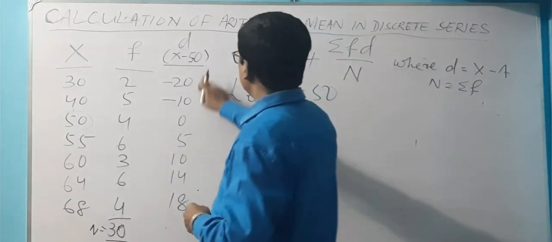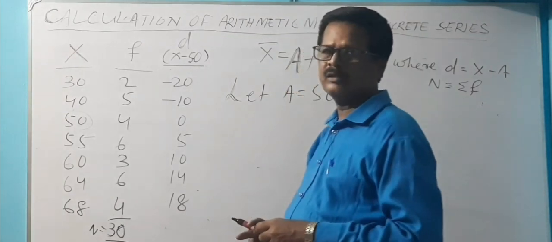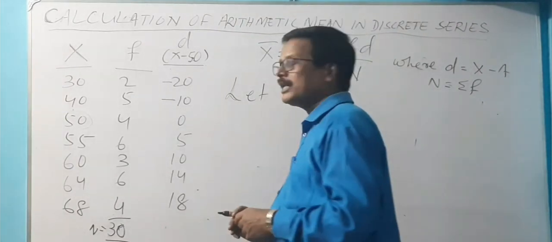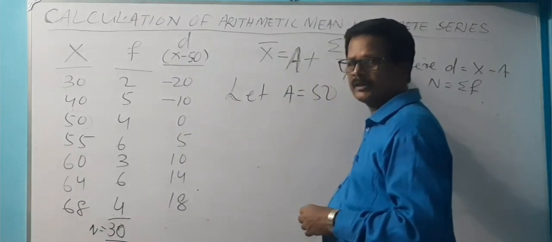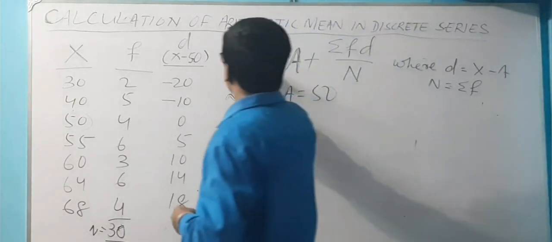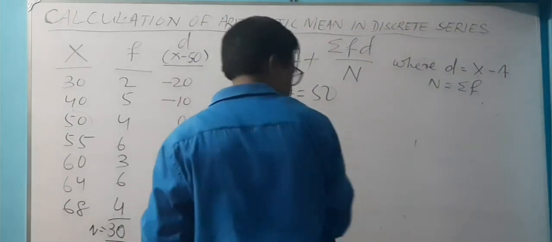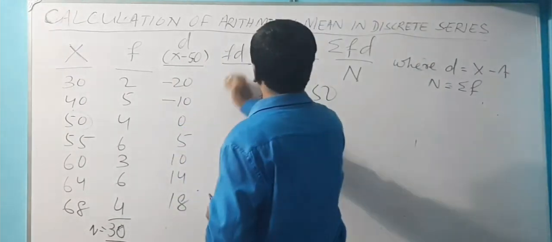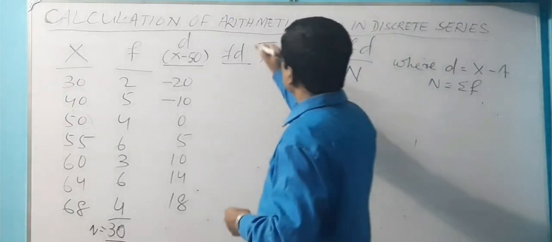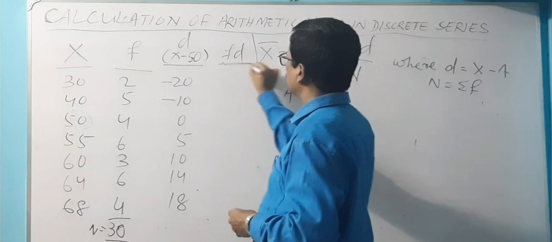Now this is the D value. Then what do we have to calculate? Another column, that is FD, F into D, the fourth column.